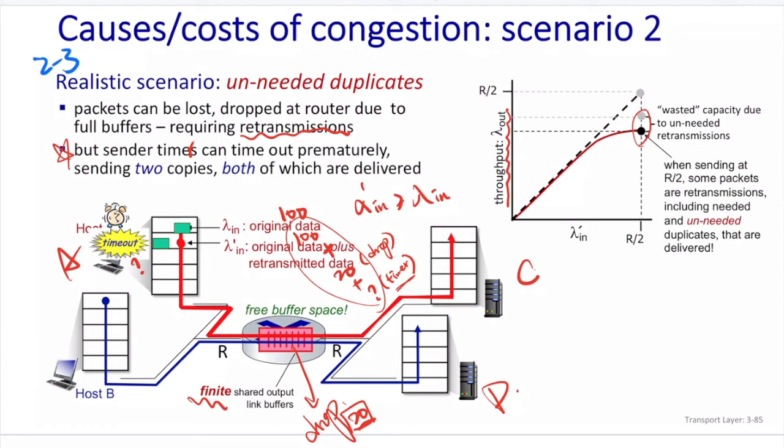But only one copy of the retransmission will be delivered to layer 7. So basically, at layer 4, some other packets have been sent.